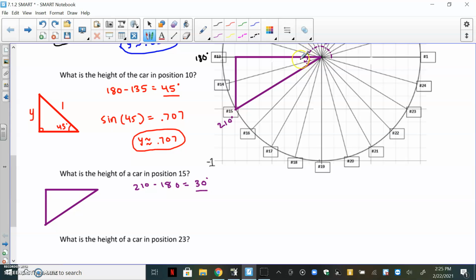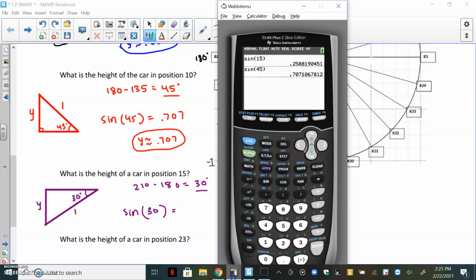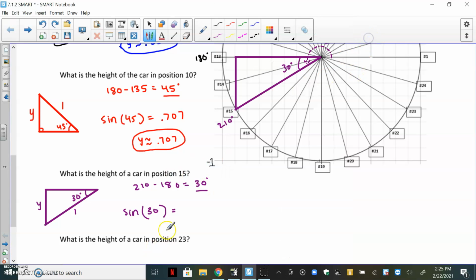So I know that this angle is 30 degrees. And of course I know this is y and this is 1 as always. So the sine of 30, we're going to put that in our calculator, and we get 0.5.